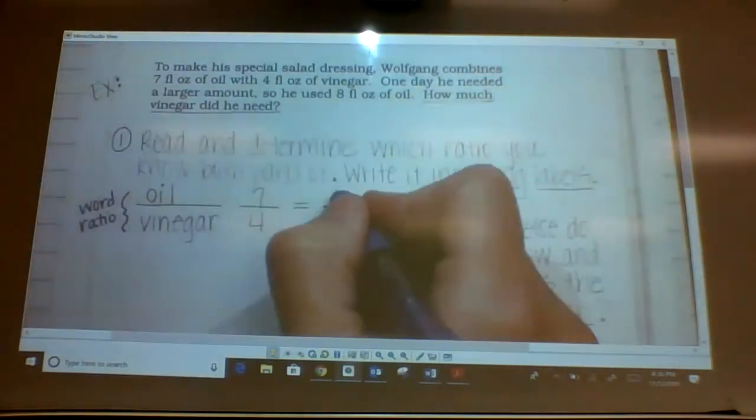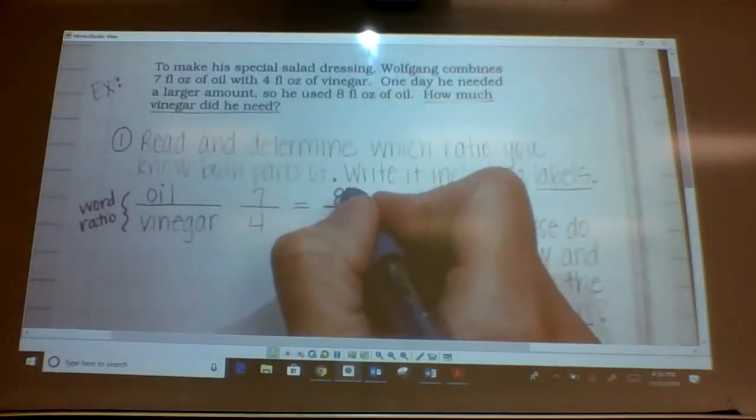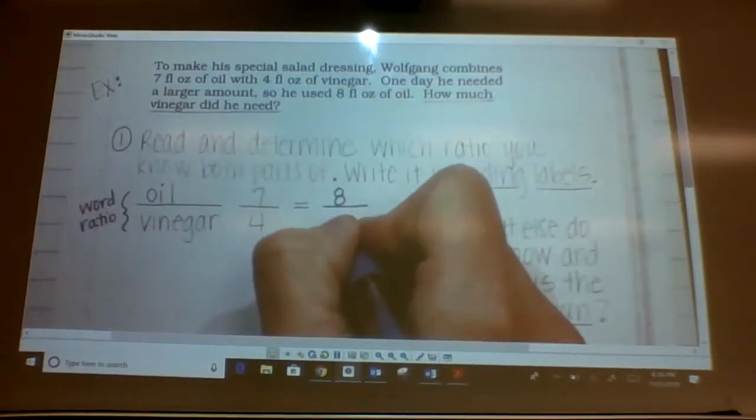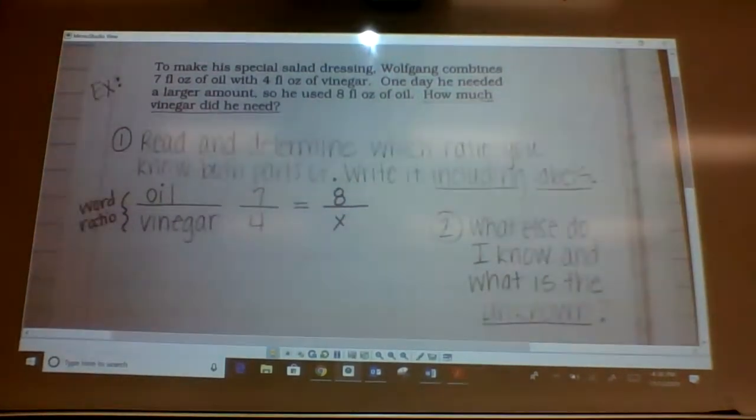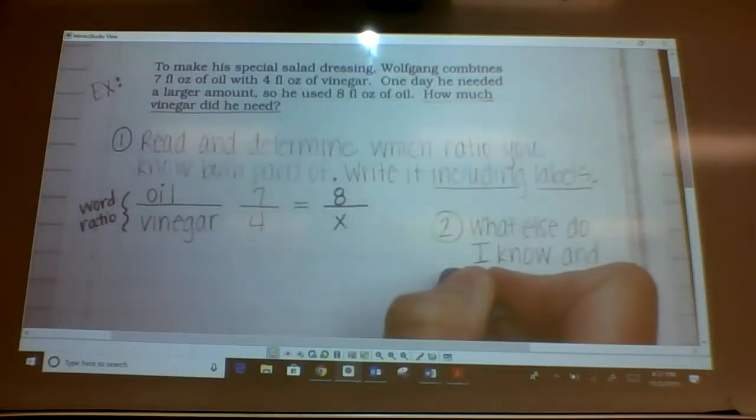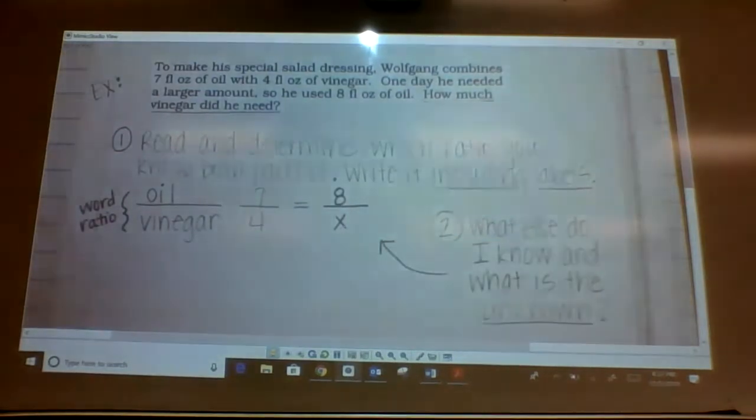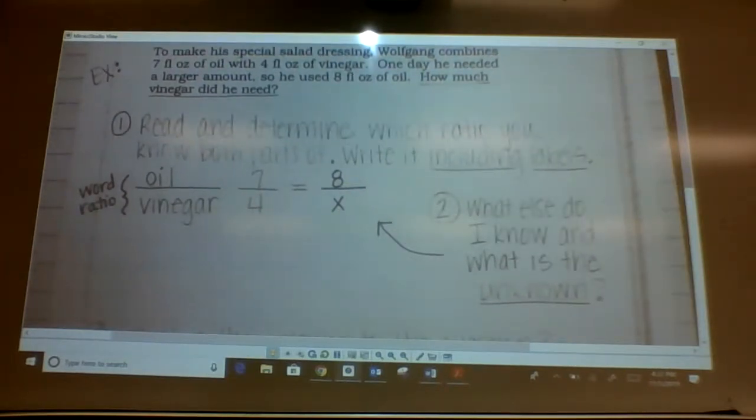So 8 is going to go on top, and my unknown is how much vinegar he needs. Okay, so the first thing I'm going to do is look at what else do I know and what is the unknown. And I did that right here. And now I have to solve my proportion and solve for x.